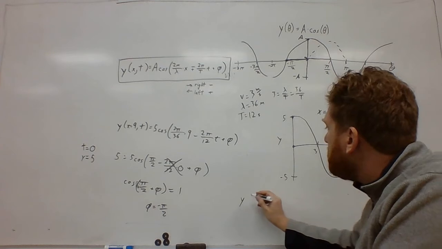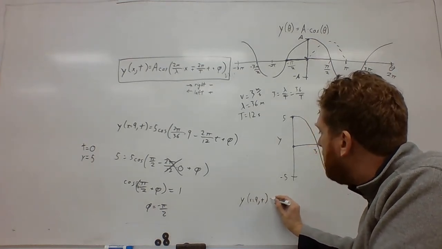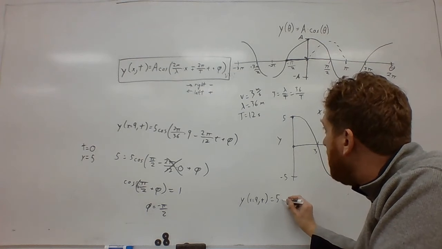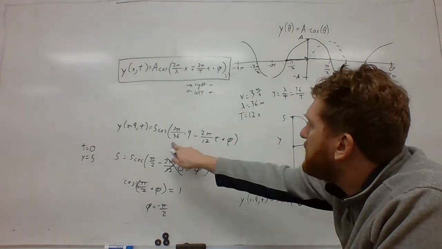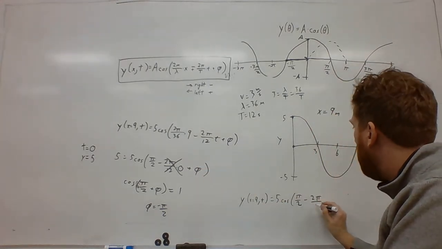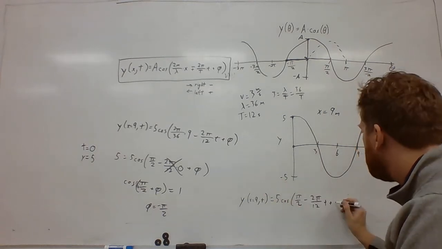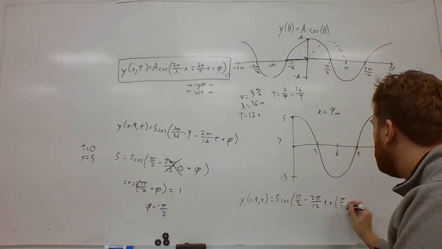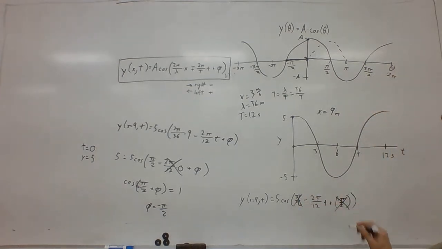Y as a function of time, at x equals 9, is equal to 5 cosine of pi over 2, I'm looking at this right here, minus 2 pi over 12 t plus, and this is a minus, pi over 2. And so this does cancel out with that. Perfect, that's what I wanted.